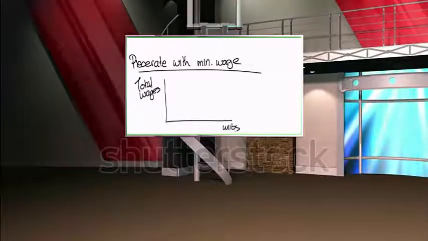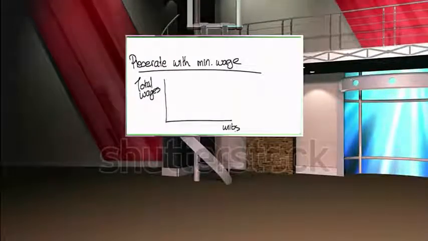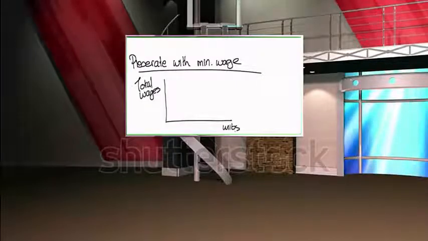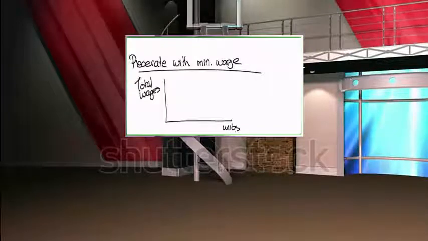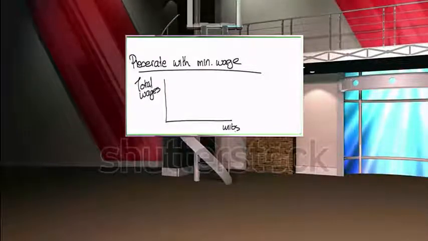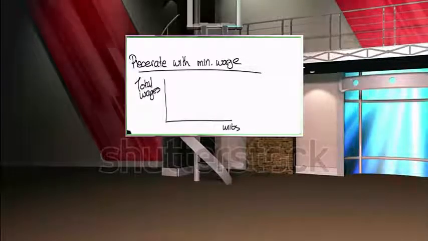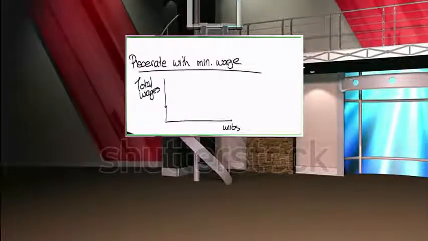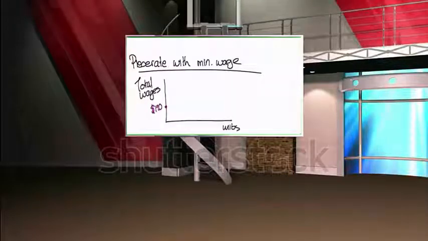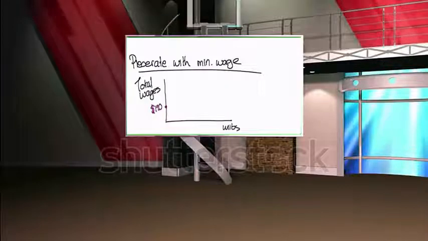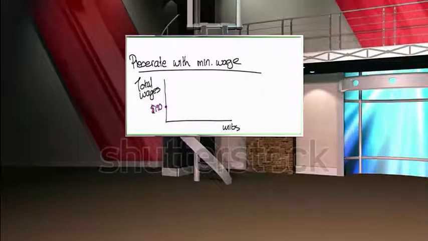When the level of activity is 0, what will the total wages for the employee be? Well, if they don't produce any units, then the minimum wage is going to apply. Because remember, they will get paid the higher of the wages they have earned or the minimum wage. So our minimum wage was 190. We have to pay this to them even when level of activity is 0. So a minimum wage then is effectively a fixed cost for the company.